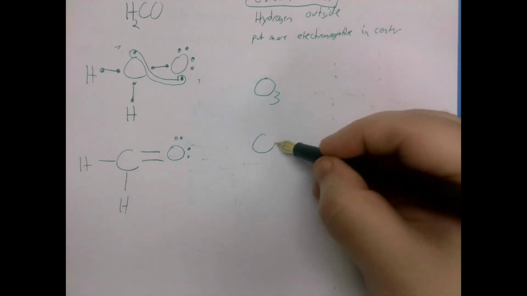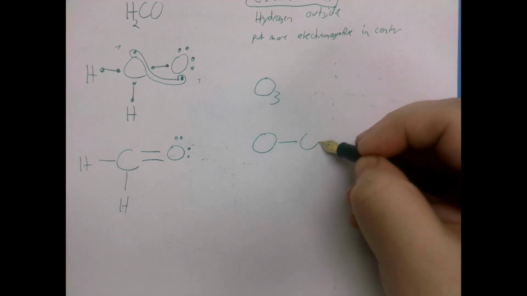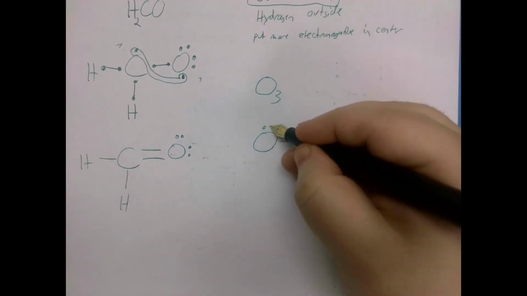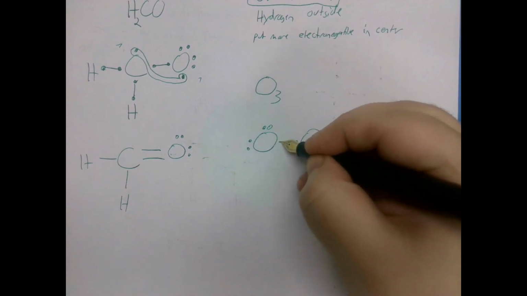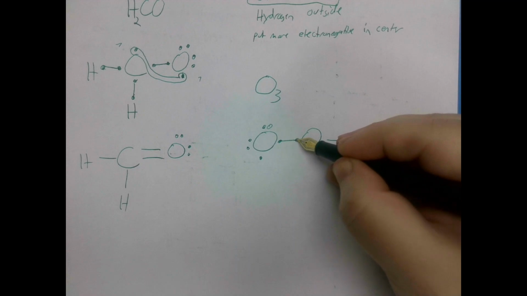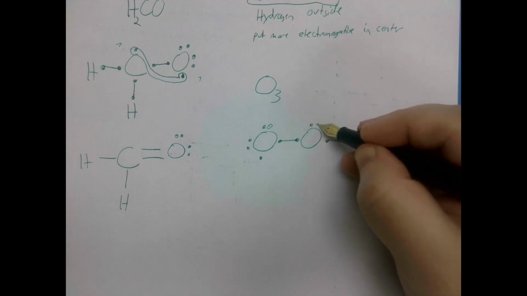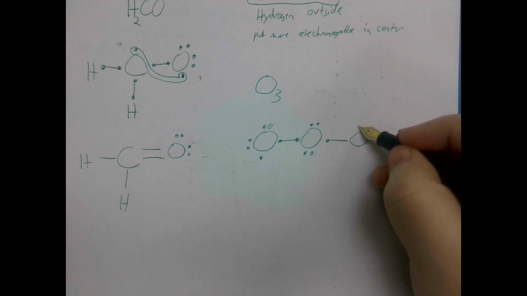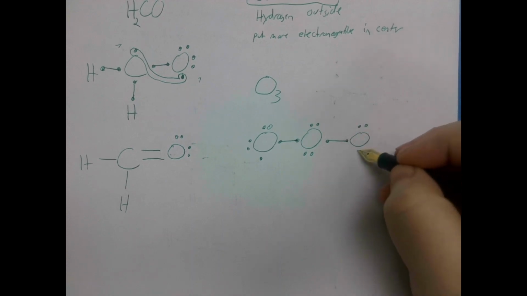So we have an oxygen, bond it with an oxygen, bond it with an oxygen. So, 1, 2, 3, 4, 5, 6. 1, 2, 3, 4, 5, 6. 1, 2, 3, 4, 5, 6.